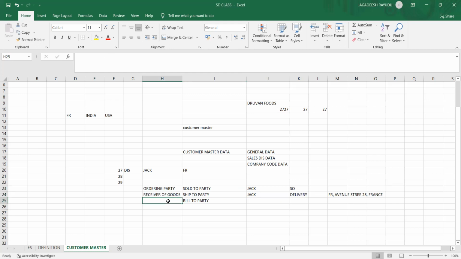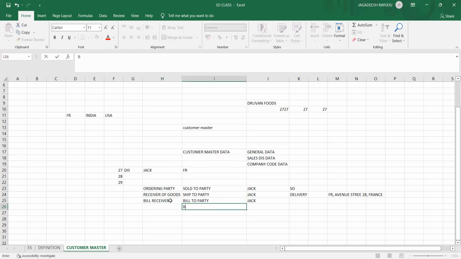The shop person tells Guru how much bill needs to be paid, so Guru is the bill to party. In this case, Jack himself is the bill to party, the bill receiver. Only the bill he is receiving.